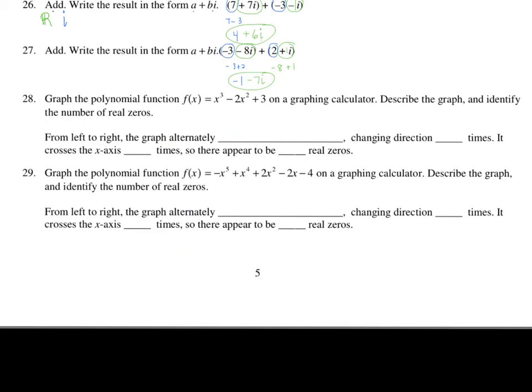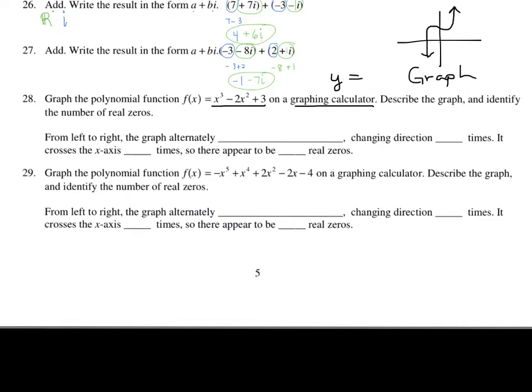These next two you have to have a graphing calculator in order to do, which you will have on the exam. So you go to y equals, type in your equation, hit graph, hit zoom 6 if you need to, and when you do that, the graph in number 28 looks something like this. So now we describe it.